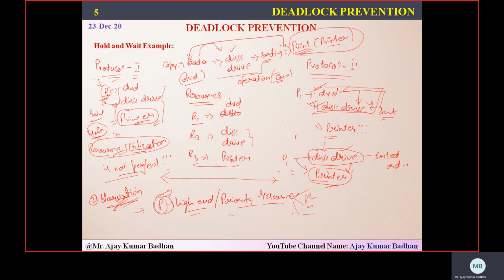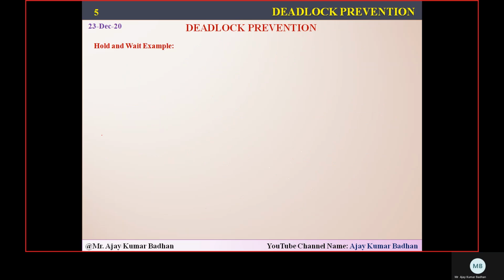So what is the first thing we are exactly going to do here? In protocol 1, all resources which are required by a process are allocated to it, in the beginning itself, before it starts doing the work.